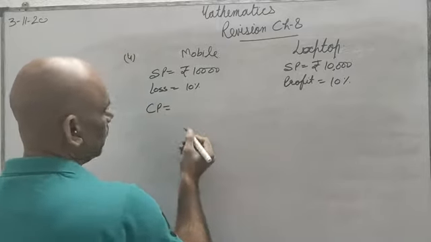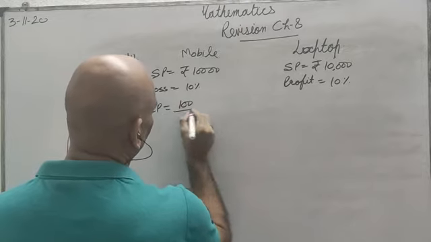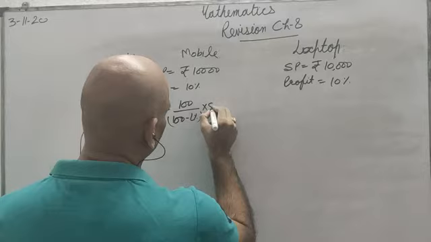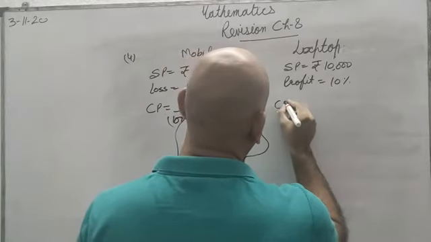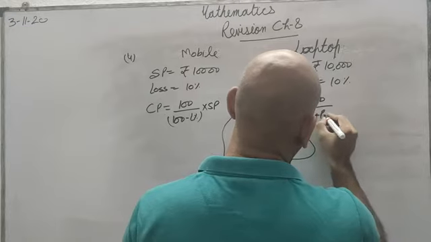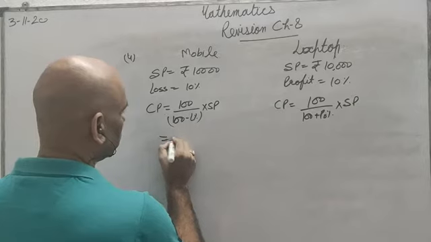So in case of CP, what it will be? 100 upon 100 minus loss percent into SP, and in case of profit, 100 upon 100 plus profit percent into SP. So let me substitute.